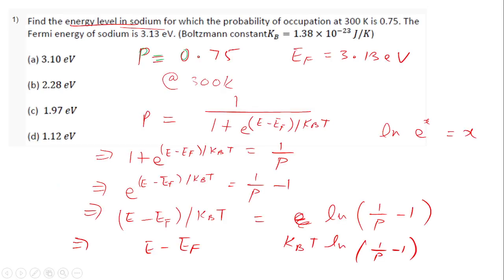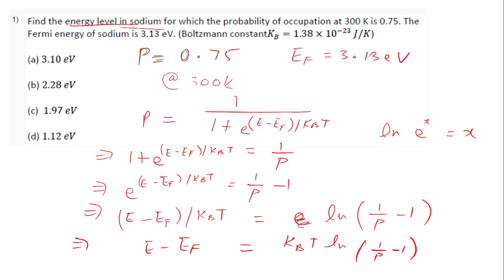Okay. Then E will be EF plus kBT multiplied by natural log of (1 by P minus 1). So the energy I need to find out.